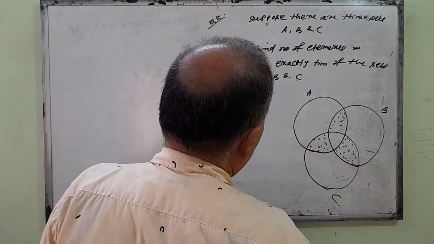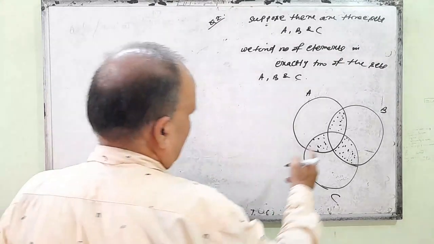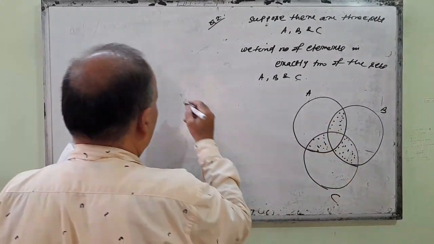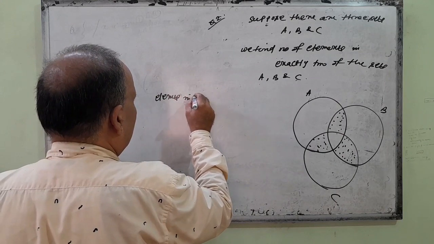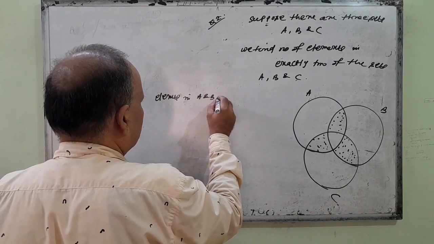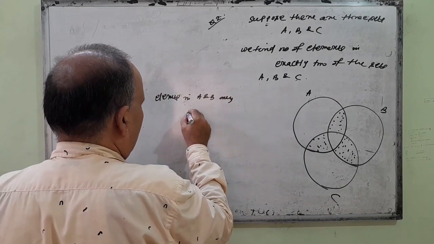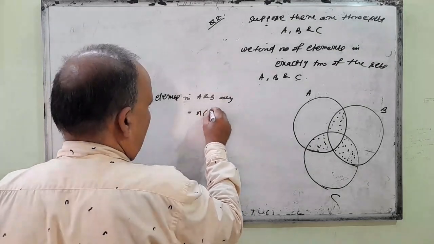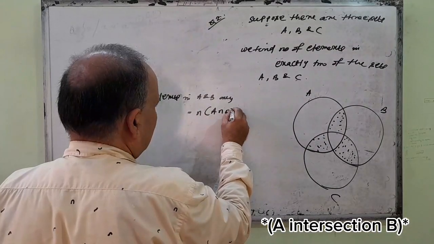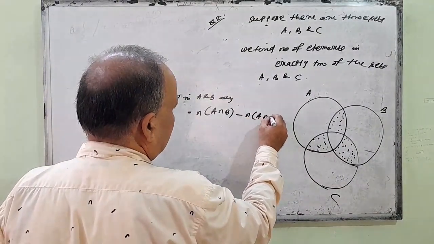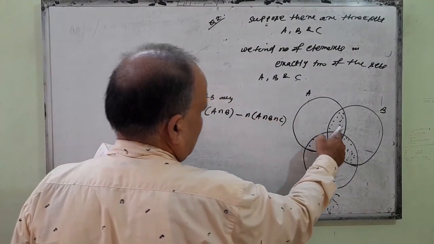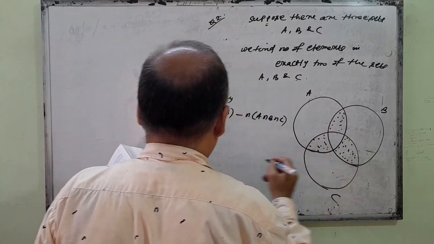So, you see, for this section, elements in A and B only is equal to what? Order of A intersection B minus order of A intersection B intersection C. This minus this.